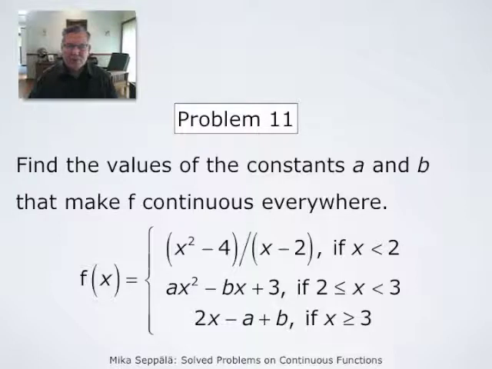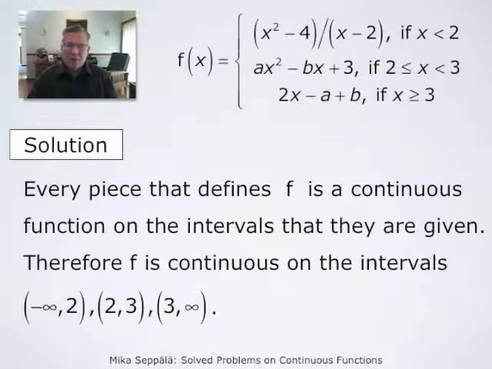Now, x squared minus 4 divided by x minus 2 is certainly continuous when x is less than 2, because then the denominator is not 0. A times x squared minus b times x plus 3 is also continuous for all values of x. Certainly it is continuous between 2 and 3. And 2x minus a plus b is likewise continuous for all values of x.